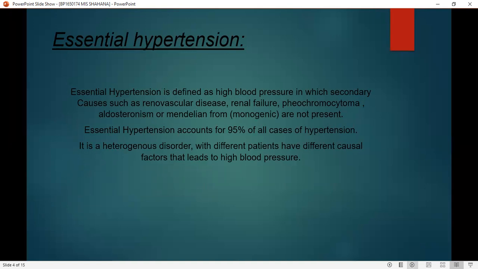It is defined as high blood pressure in which secondary causes, such as renovascular diseases, renal failure, pheochromocytoma, and aldosteronism or Mendelian monogenic causes, are not present. Essential hypertension accounts for 95% of all cases of hypertension. It's a heterogenic disorder, with different patients having different causal factors that lead to high blood pressure.